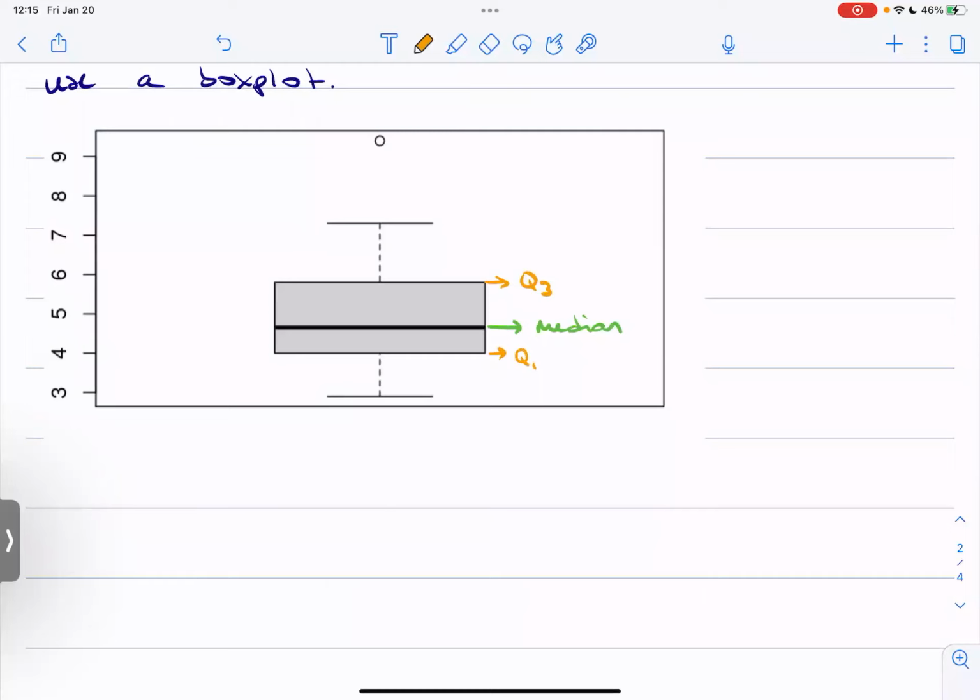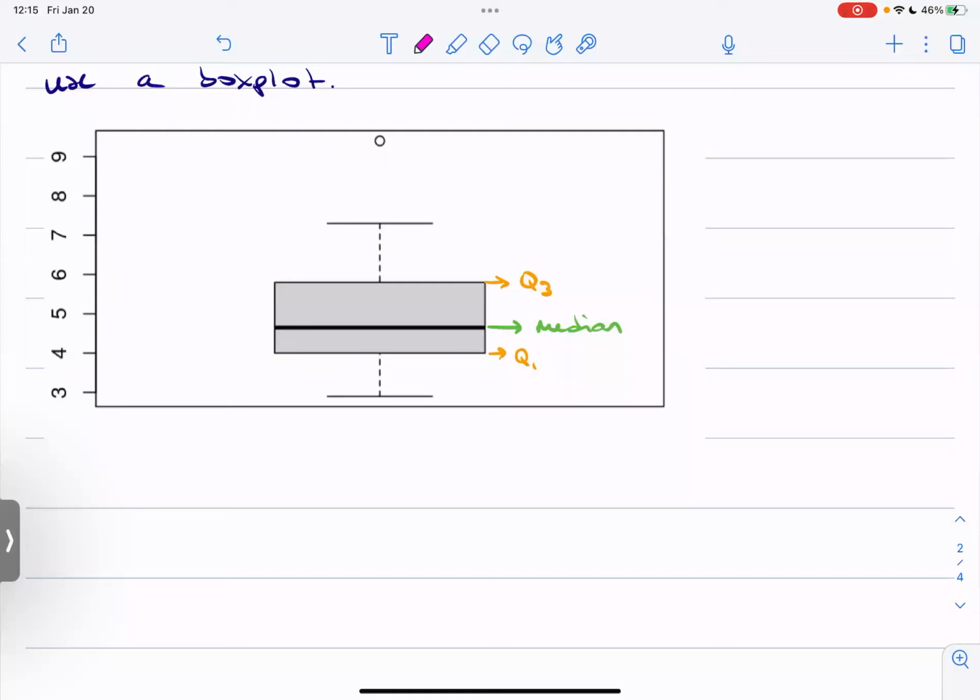Then what we have are these, sometimes we call them fences, sometimes we call them whiskers. And because whiskers sounds way cuter, I like to use whiskers. So these are whiskers here, right? And the whiskers are really special because they extend as far as the data goes without being an outlier.